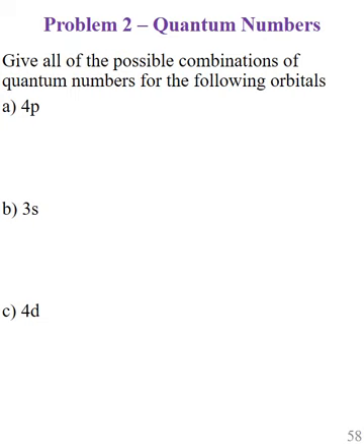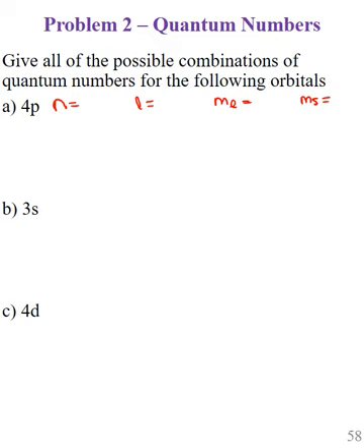Here's the second problem involving quantum numbers. Give all of the possible combinations of quantum numbers for the following orbitals. Let's do the first one together. We have 4 quantum numbers, right? We have n, l, m sub l, and m sub s.